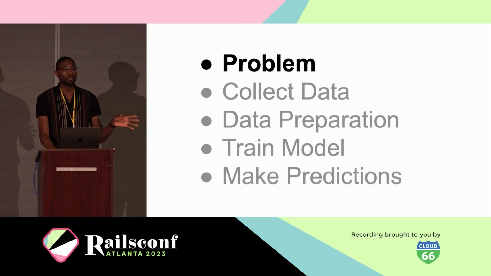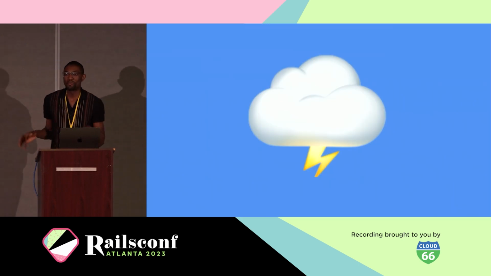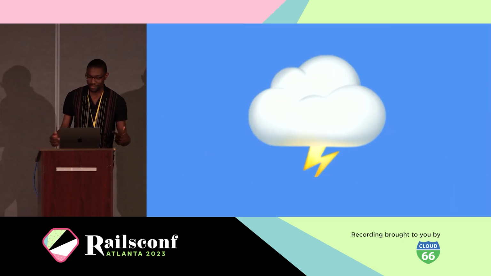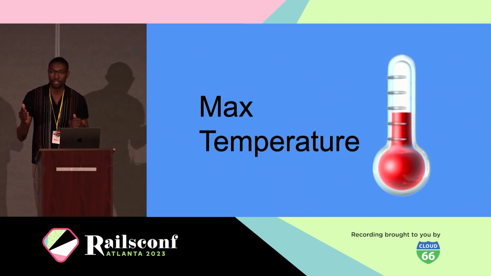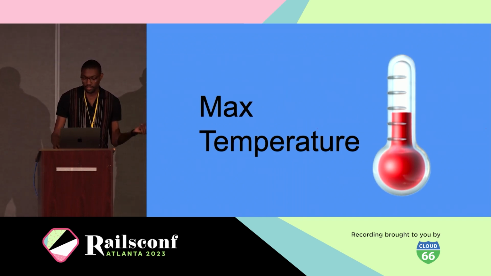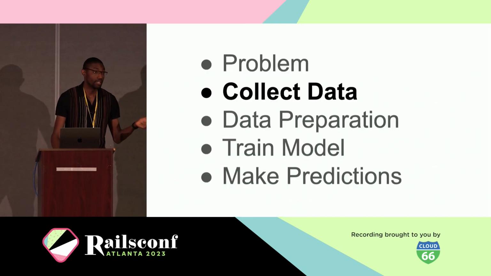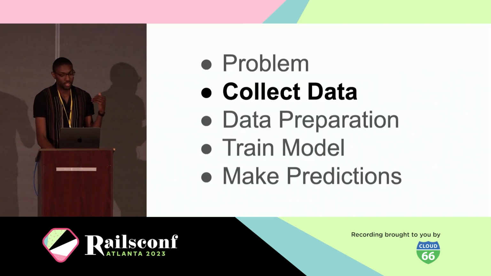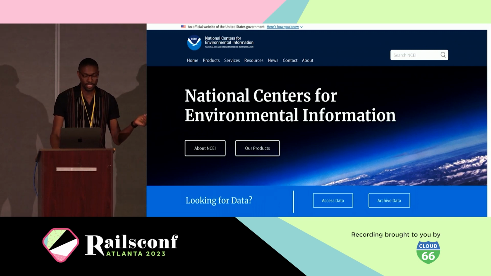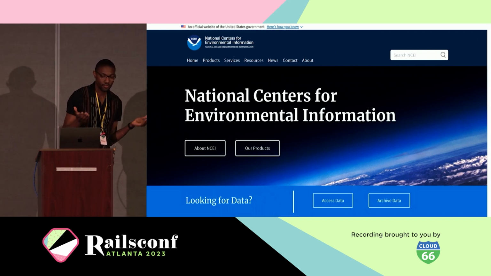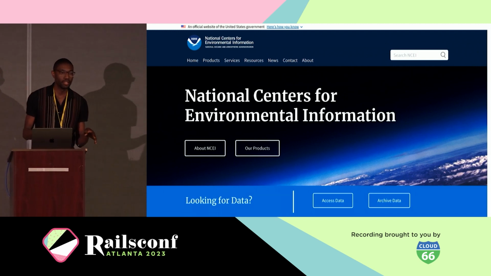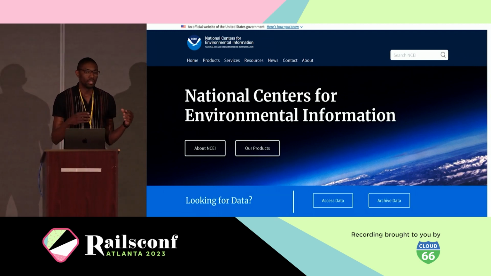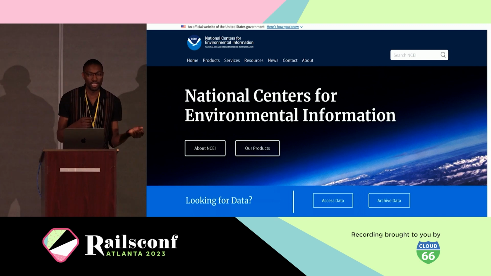First we're going to set up the problem. I want to predict the weather because I think that's super cool, specifically the max temperature for a weather data set. So first we need to collect our data. I went online and found a data set from the National Centers for Environmental Information, which has a ton of weather data that you can download and use.